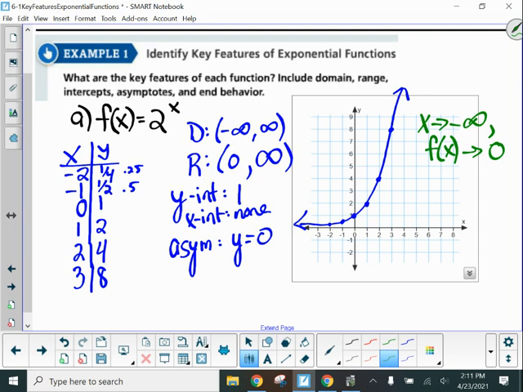So your line is approaching the y value of 0 on the left. As x approaches +infinity, f of x is approaching +infinity, and that is for the right. So the left side is going to 0, the right side is going to infinity.